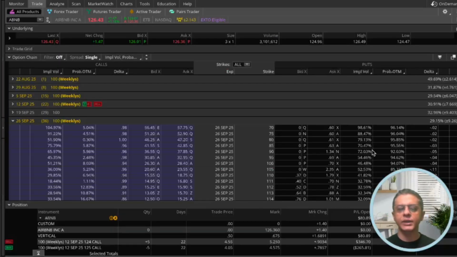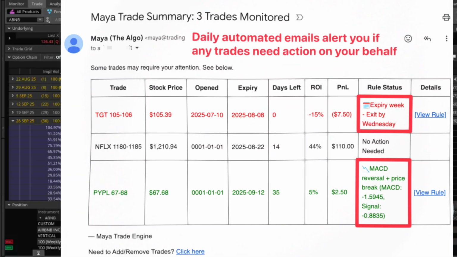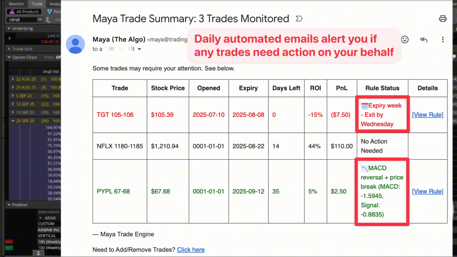Now the third scenario is if you have taken a trade, whether you've taken a Maya trade or you took your own trade, Maya will monitor your trades and send you a twice a day summary of which trades needed your attention. So this is an example of the trade monitoring email. It's telling you that, look at PayPal, for example, 67.68 call spread.